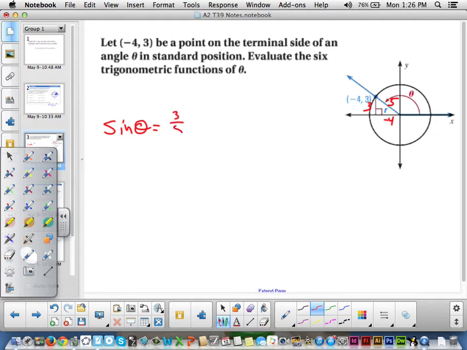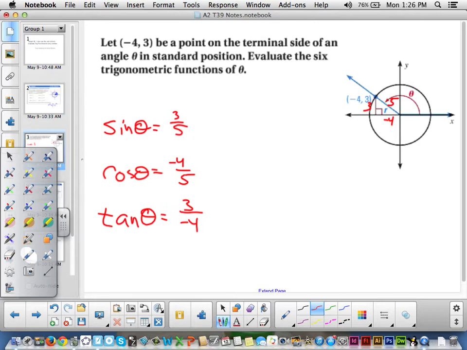so that's 3/5. Cosine of theta would be adjacent, which is x, over hypotenuse, which is radius, so negative 4 over 5. Notice there that that's a negative value. That's fine. We can have negative trig when we're outside of the 90-degree angle. And tangent is opposite over adjacent. That ends up being y over x, 3 over negative 4.